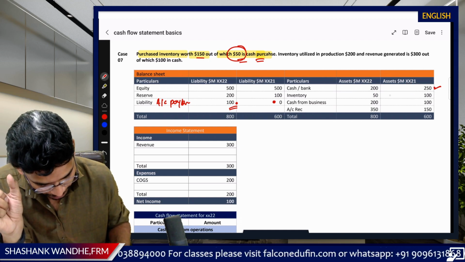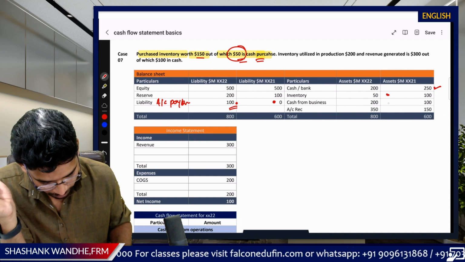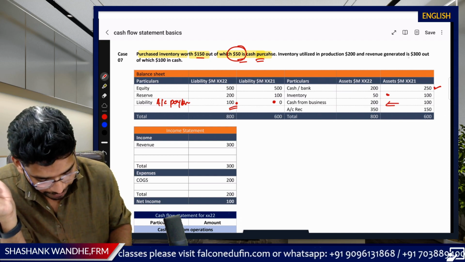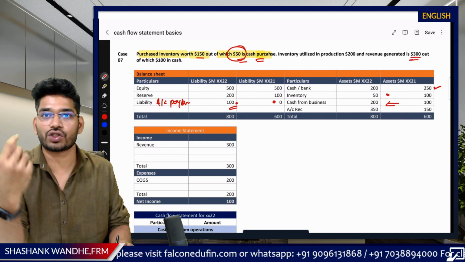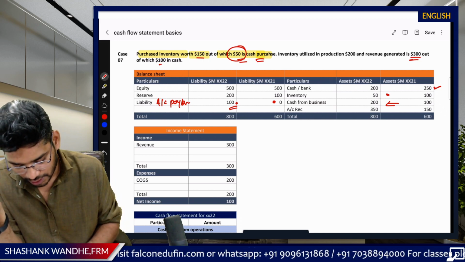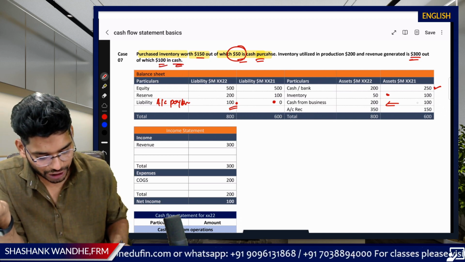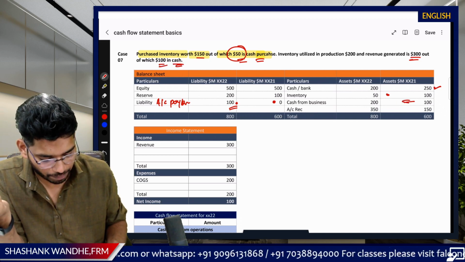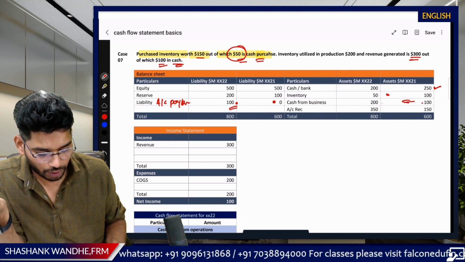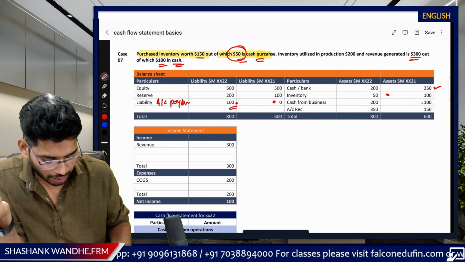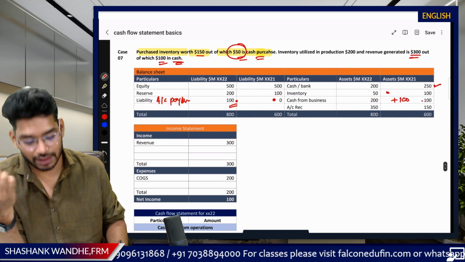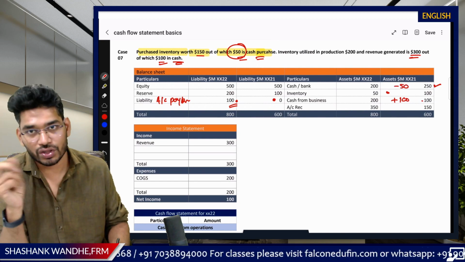Next is the inventory part. I will give you the explanation of the inventory part. Then we have the cash from business. So revenue generated 300, out of which 100 was in cash. So your cash from business will increase by 100, from 100 to 200. So this is simply the plus 100 from the business. This is minus 50 to purchase inventory.